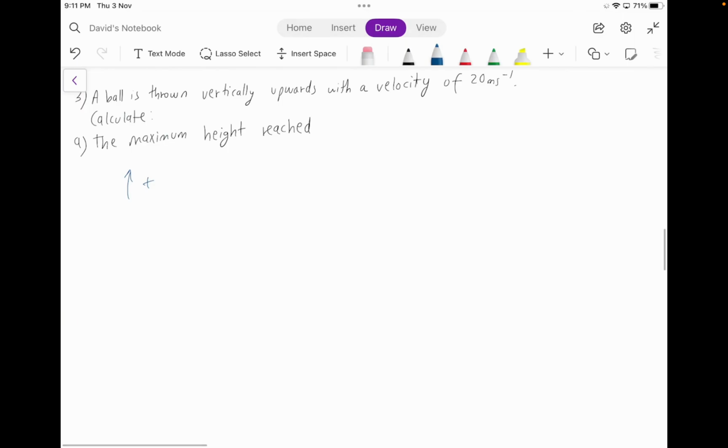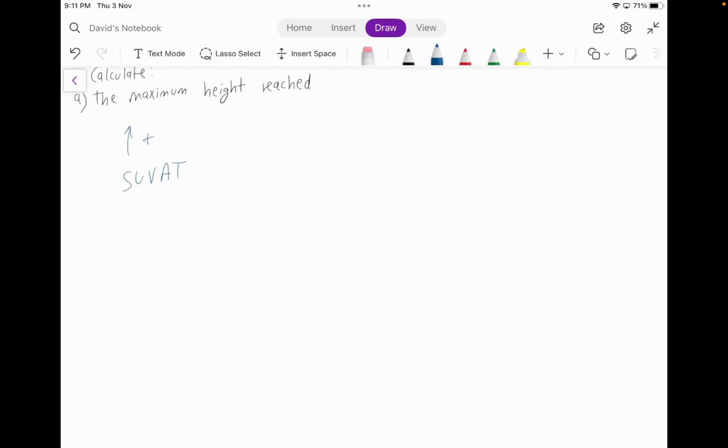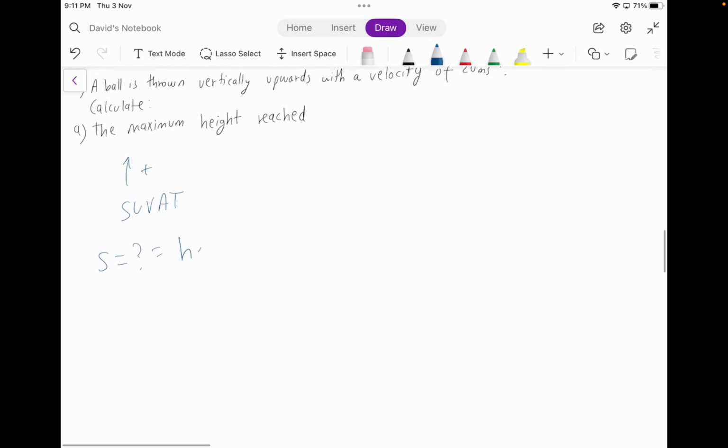So we're going to write down the SUVAT quantities. Let's start with what we have to find out: the maximum height. That means it's the displacement, so we're going to represent S as h, the height.